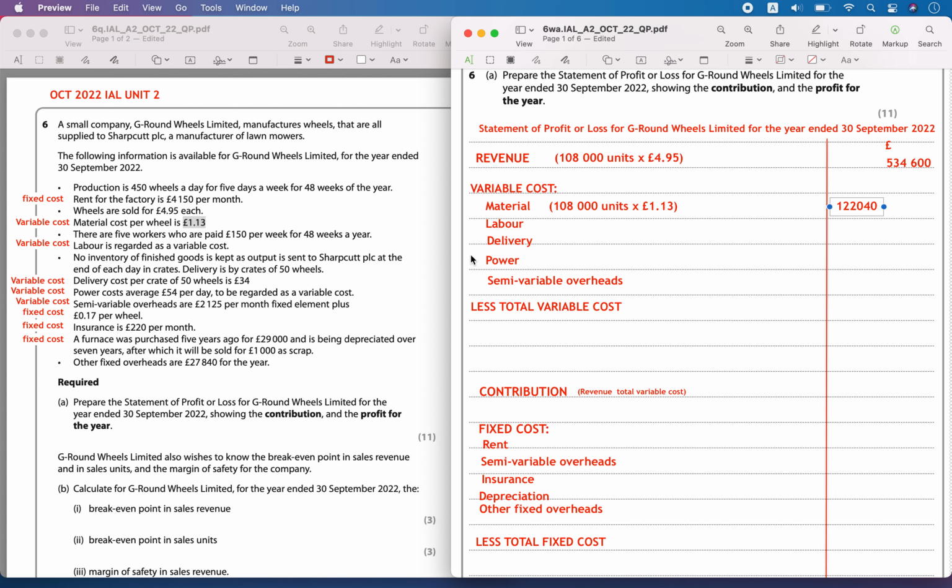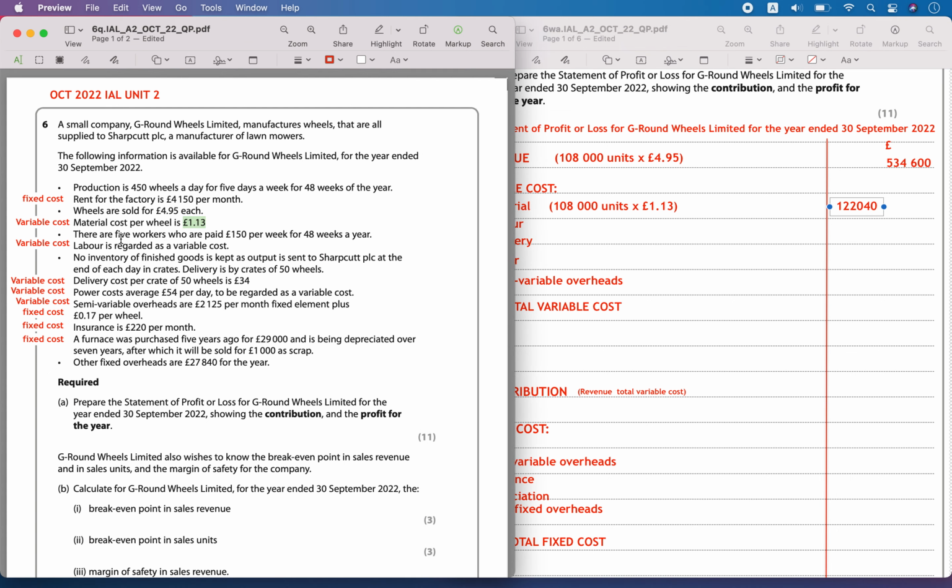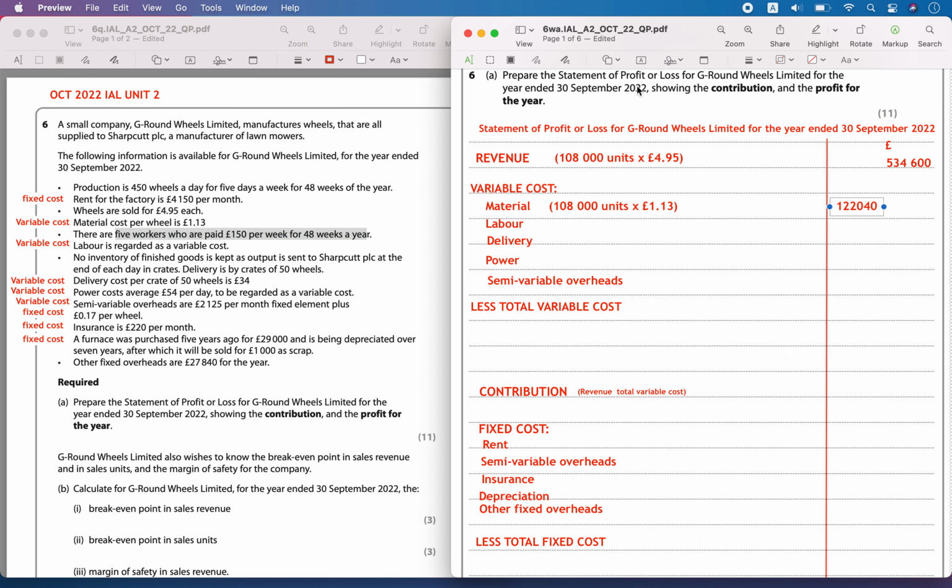Let's add up all the variable cost. Then labor: there are 5 workers, the quantity is 5 workers, 5 employees.